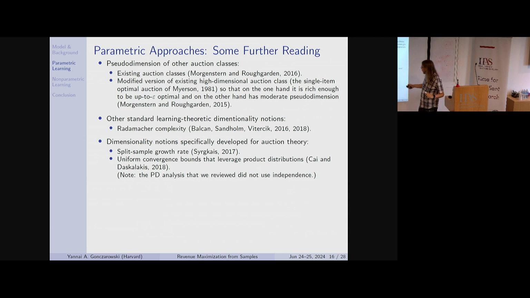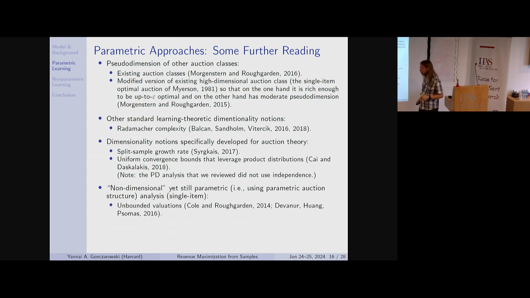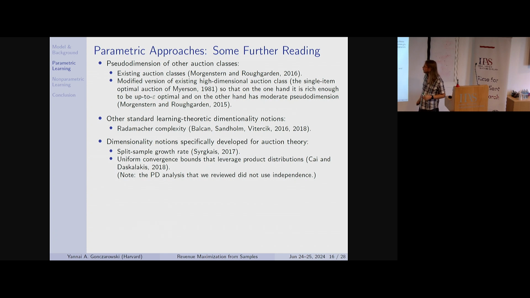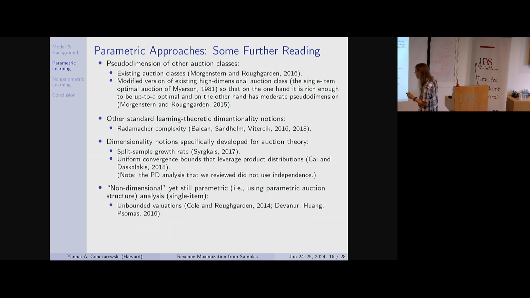There is a beautiful paper by Yannai and Constantinos Daskalakis in which they find a way, VC-dimension-ish, pseudo-dimension-ish, to actually give better guarantees because of independence. This is beautiful. The n log n from the result of Jamie and team is for the correlated case, even for the separate one. It's even for the correlated case. And it's unclear how you would use independence, and they find a way to use independence.